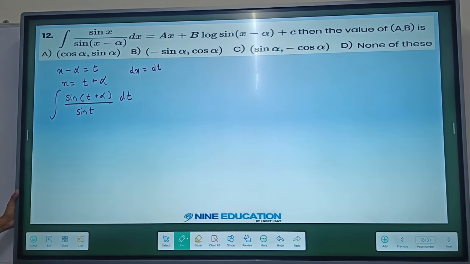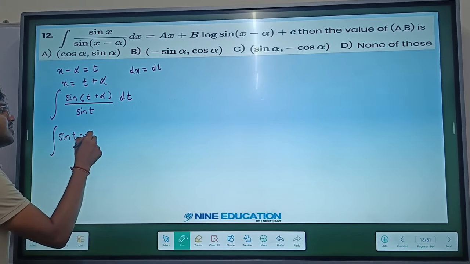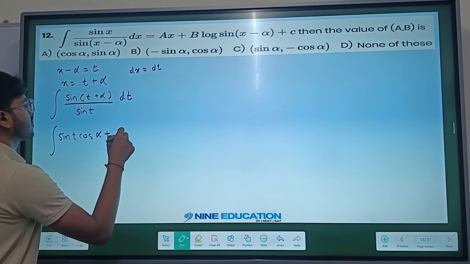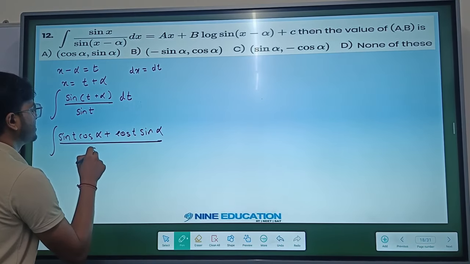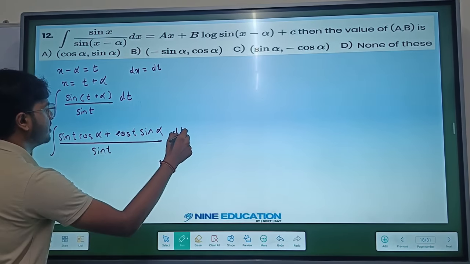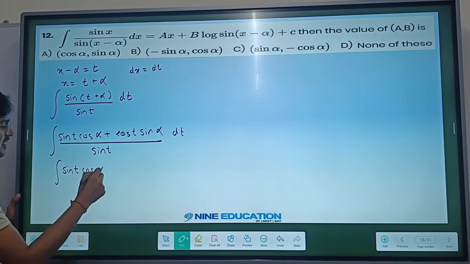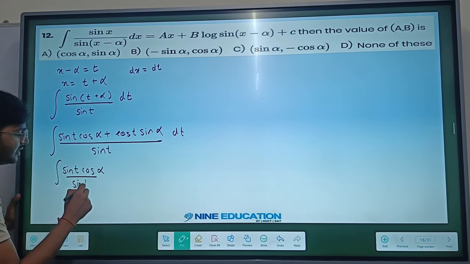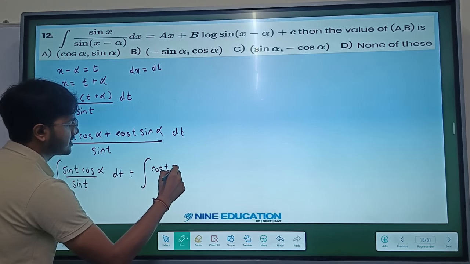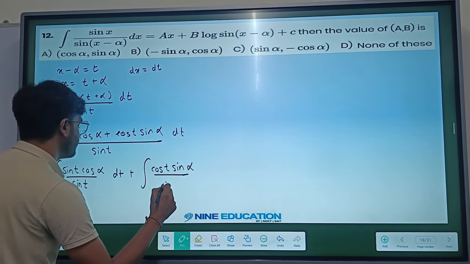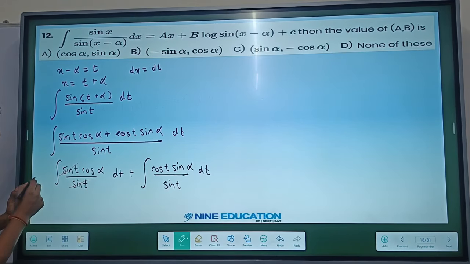I'll use the sine of a plus b formula in the numerator. What is sine of a plus b? Sine a cos b plus cos a sine b, divided by sine t dt. Let's simplify it further. So sine t cos alpha divided by sine t dt plus cos t sine alpha divided by sine t dt. Sin t cancels.